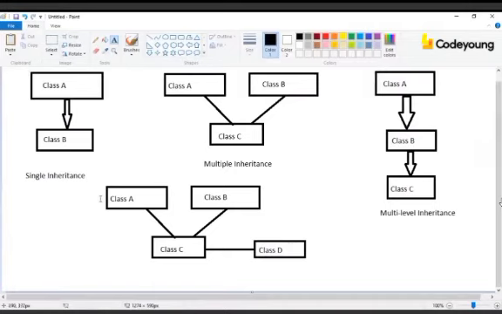No, see, considering that class A and B are distinct, that's where I told you about multiple inheritance: class A and B are totally independent of each other.